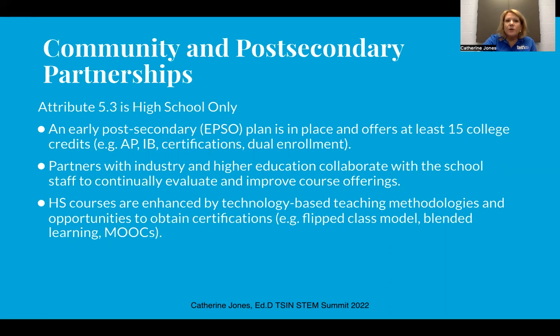Also, that there are partnerships with industry and higher education, that they collaborate with the school to continually elevate and improve course offerings and opportunities. Examples might also include having a job fair day, having those certifications available through the CTE programs. All of those would be included in 5.3.